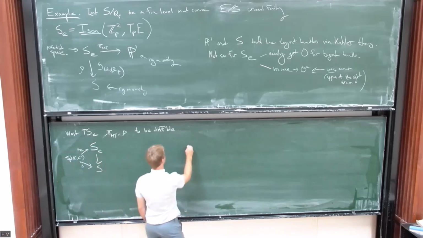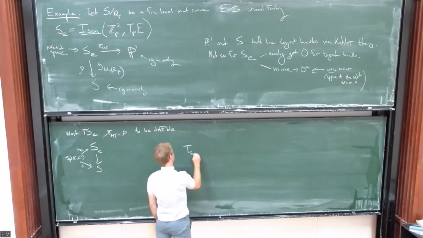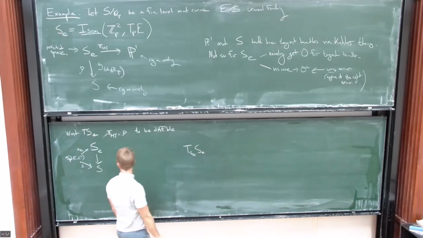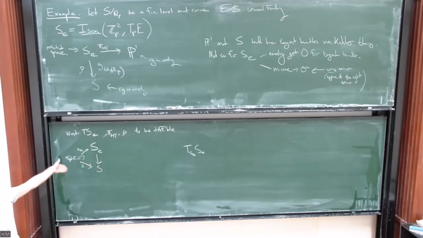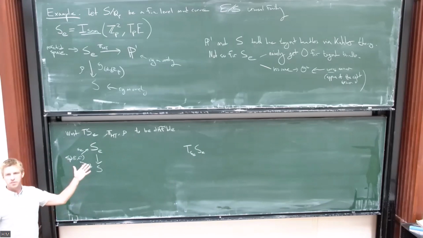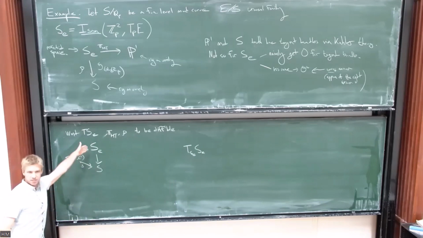So I want to compute the tangent space of S_E. Well, okay, this is a torsor for a p-adic Lie group. If I live in any just world, this has to be a submersion.